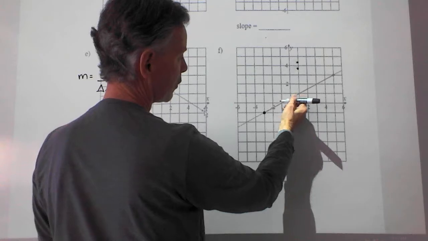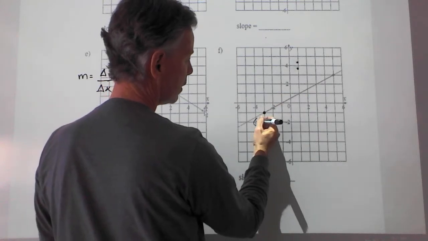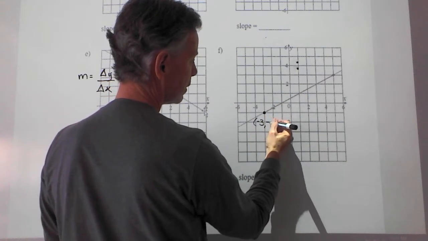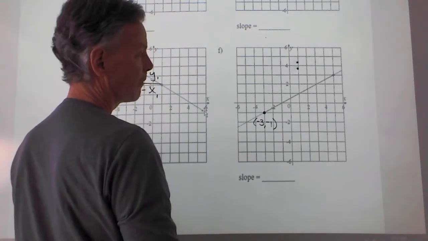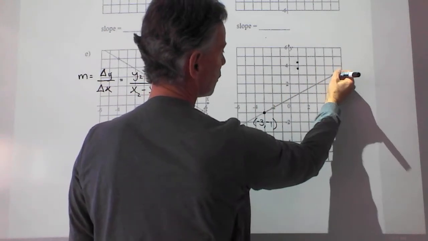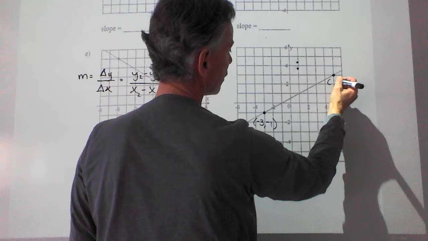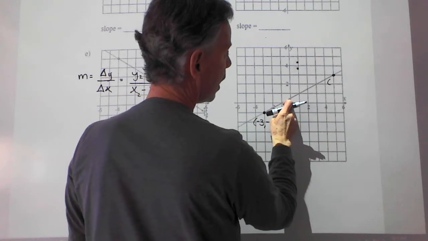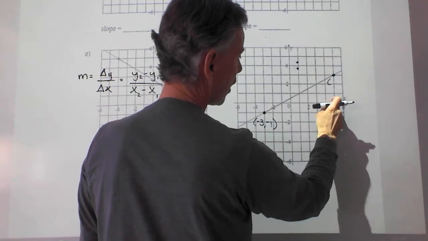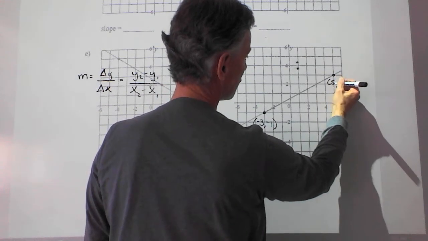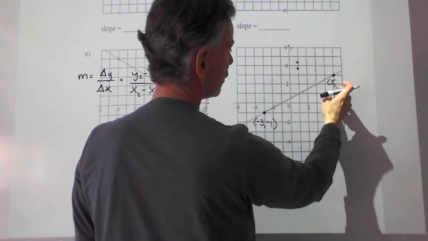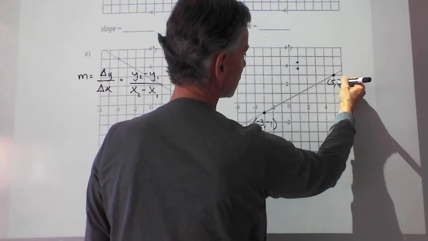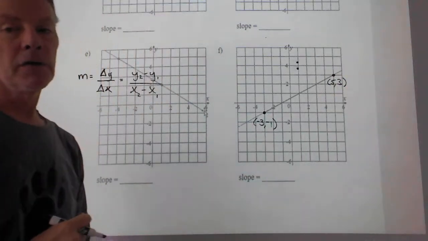You have to go 3 to the left and 1 down. So negative 3, negative 1. Well, what about this point? What are the coordinates of this point? Well, from the origin, you have to go 5 across, so your x is positive 5, and then you have to go 3 up, so your y is positive 3.